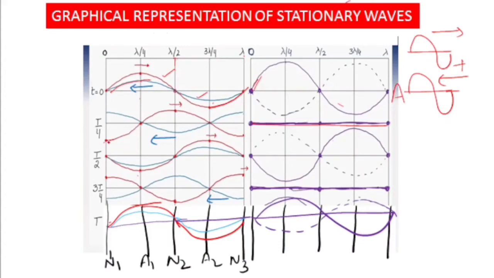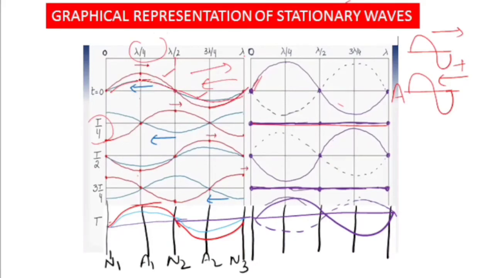Now after time T by 4, what happens? After time T by 4, each wave advances lambda by 4 distance. One wave is moving in this direction and the other wave is moving in the opposite direction. This blue one, after T by 4, this part passes, so only this part is left.